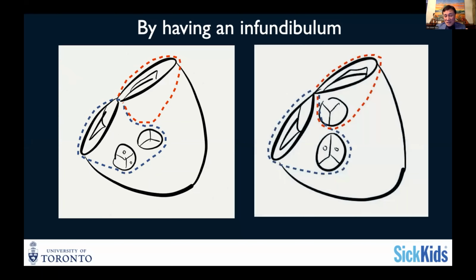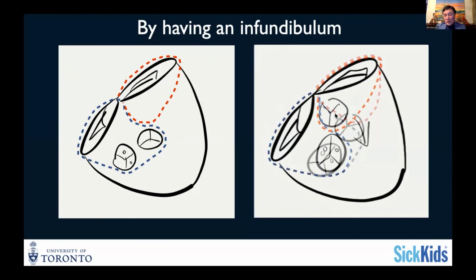What if the basic pathology is complete transposition? Then you have your pulmonary valve here, this is the left ventricle, this is the right ventricle, and the aortic valve is here. Let's say the posterior valve is moving forward. What is going to happen here is that it tends to make double outlet right ventricle.